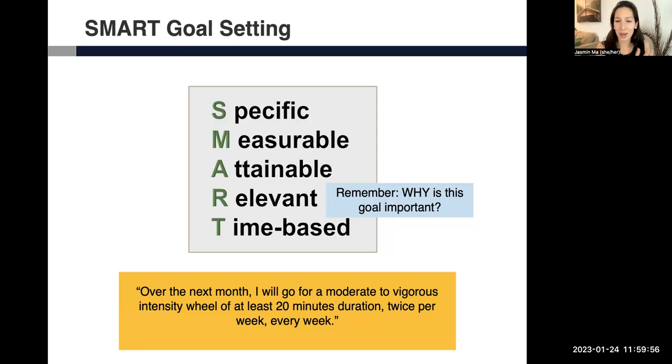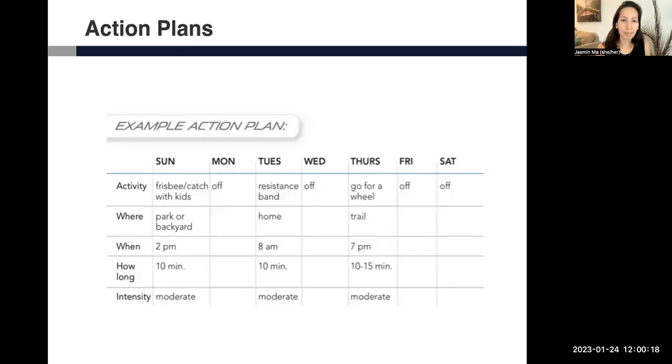So that comes back to that goal setting conversation around, why is this goal important to you? Is it because you want to be strong, to make sure that you can maintain your independence to transfer, because you want to be able to play with your kids, all those really great examples for why we want to improve either our cardiorespiratory or our muscular fitness.